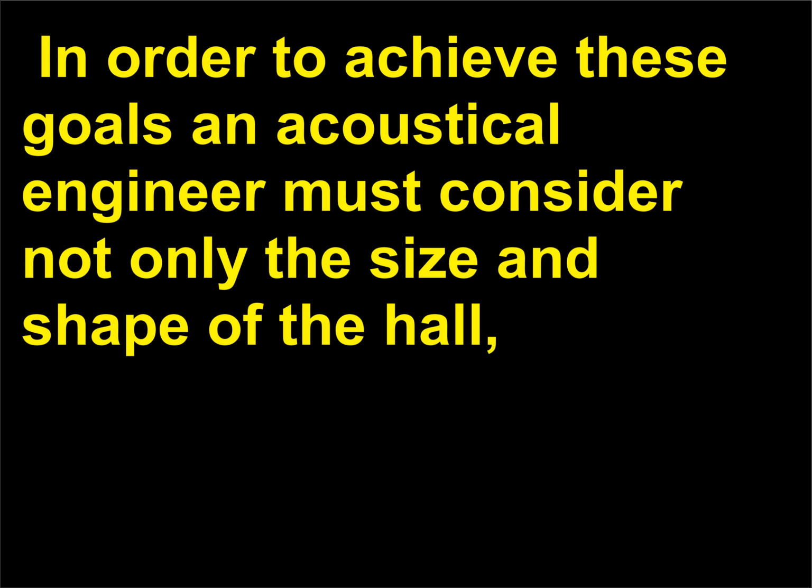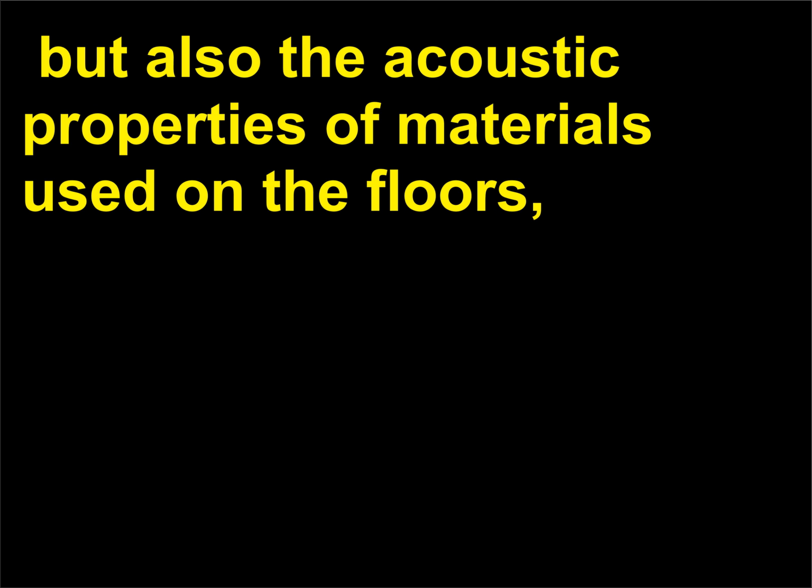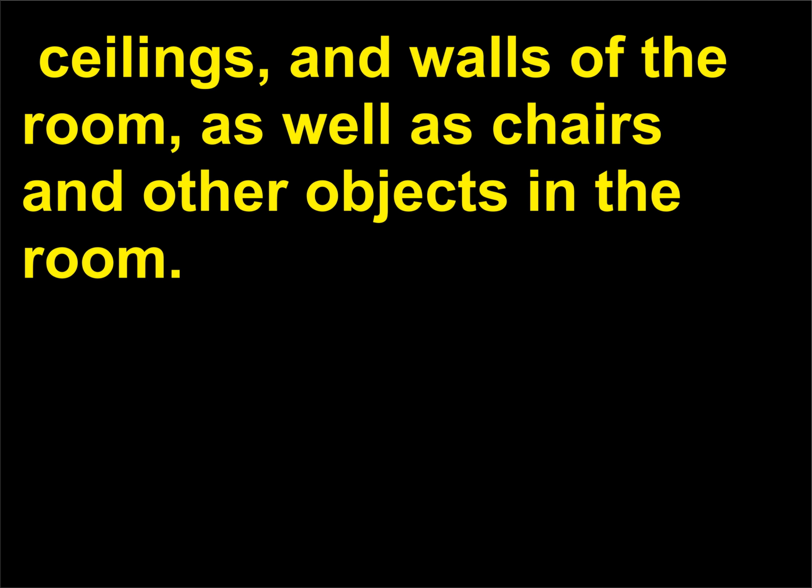In order to achieve these goals, an acoustical engineer must consider not only the size and shape of the hall, but also the acoustic properties of materials used on the floors, ceilings, and walls of the room, as well as chairs and other objects in the room.